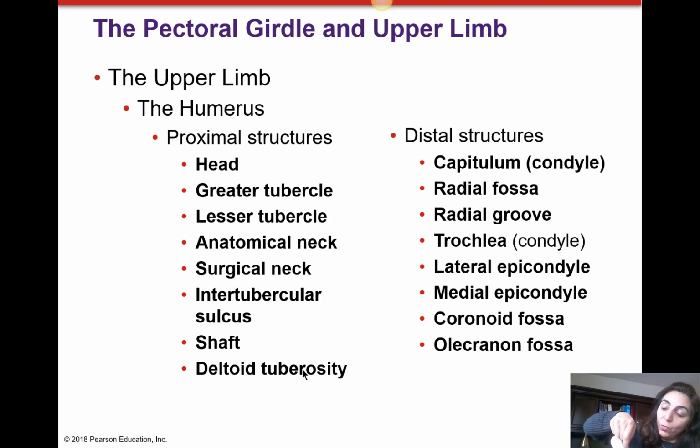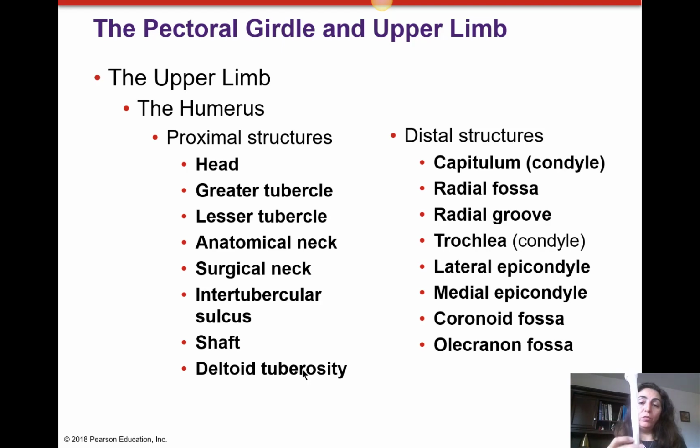And we call a shallow groove a sulcus. So we call this one intertubercular sulcus. Later you will see that the tendon of a muscle is going to pass through this area, and this makes a secure place for it so that it doesn't move from here.